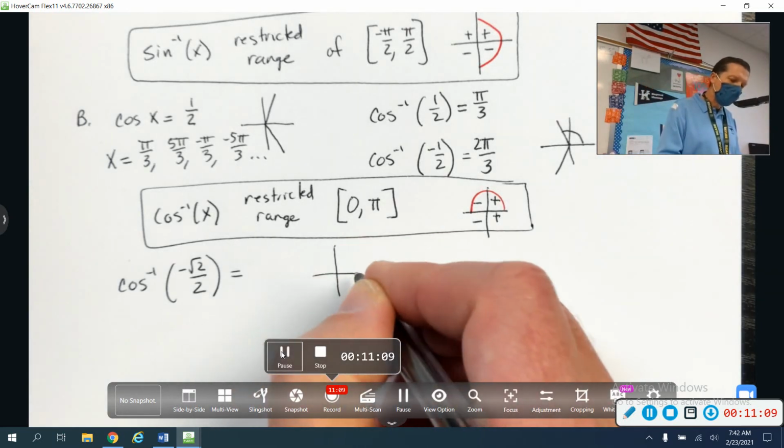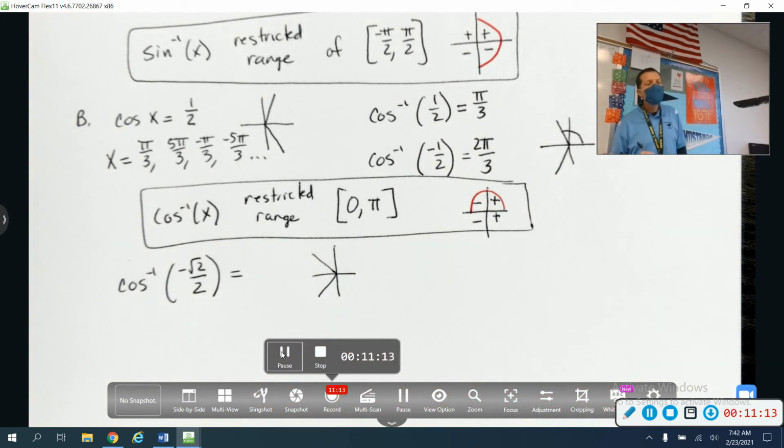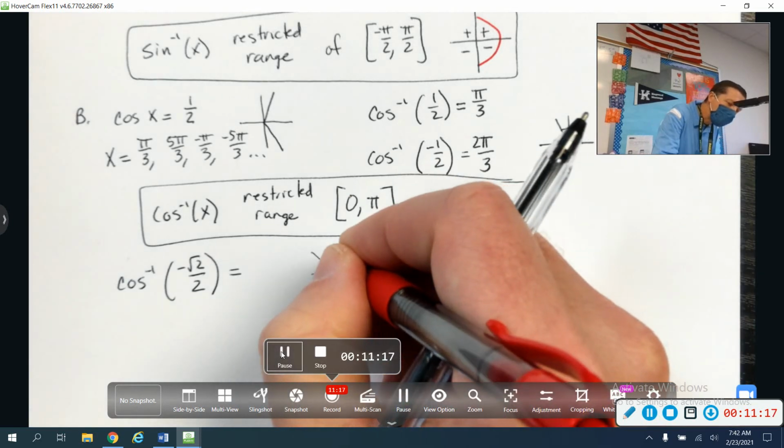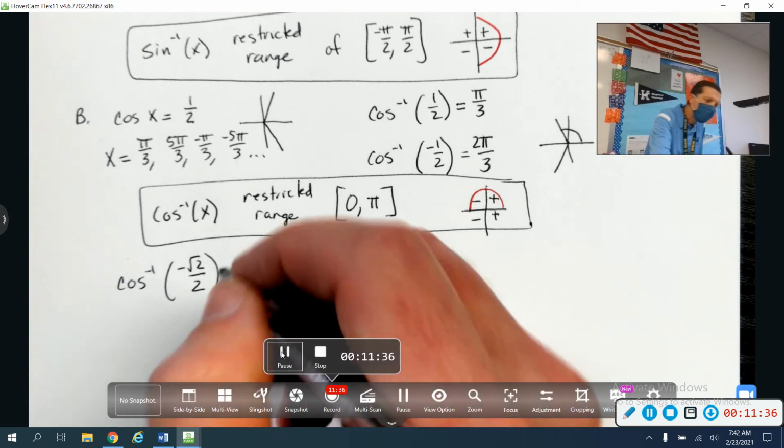Well, if it's negative, I know it's in the second or third quadrant, but I'm only allowed to look in the first or second quadrant, so it's got to be the one in the second quadrant. So what angle has a cosine of negative root 2 over 2 in the second quadrant? 3 pi over 4.